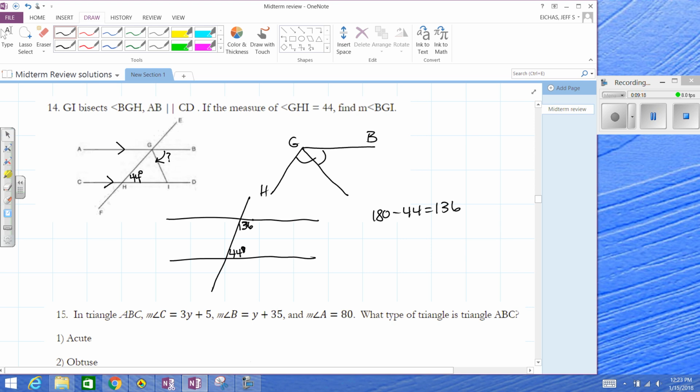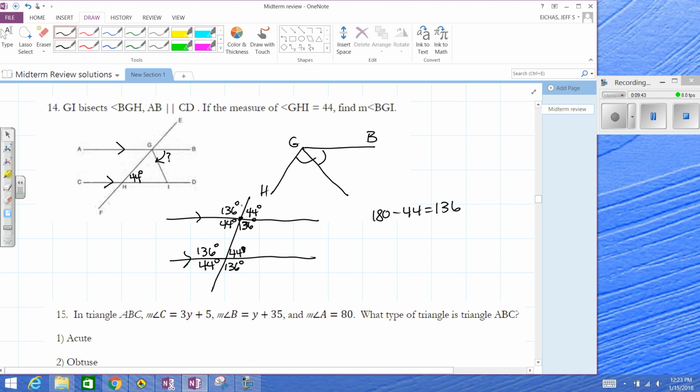That's the consecutive interior angles theorem, or again, we can go back to the concept I showed you in the last problem with parallel lines cut by a transversal. You can figure out the rest of these and then go up to the other intersection, and all of the angle measures should be in the same positions.